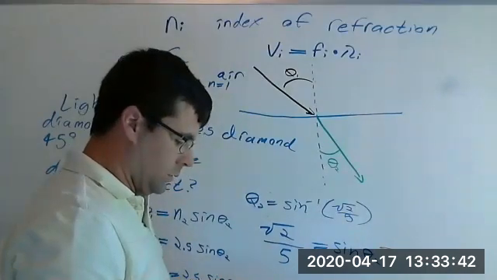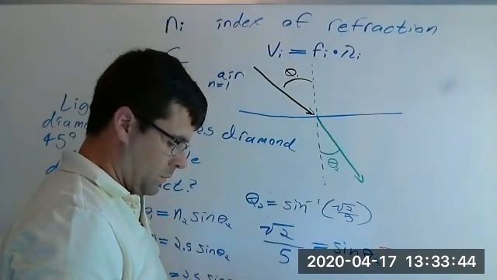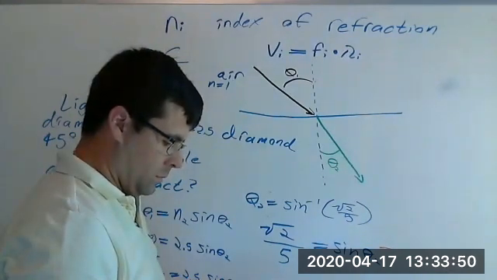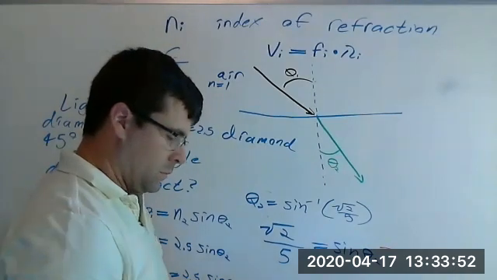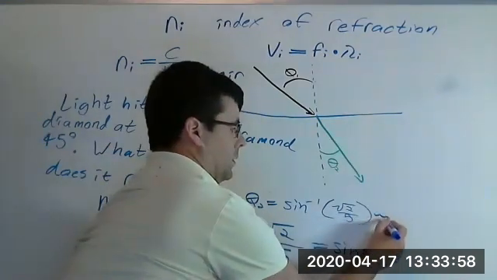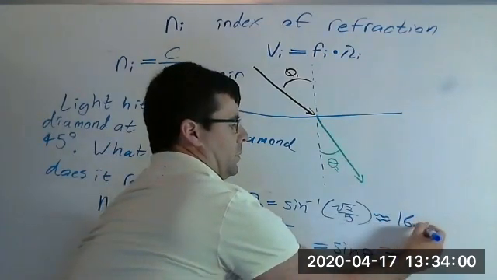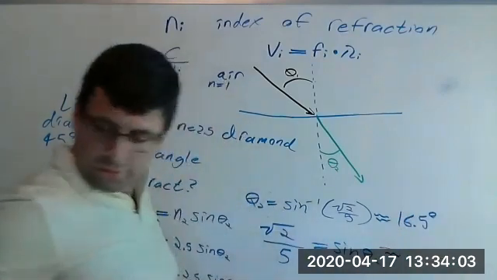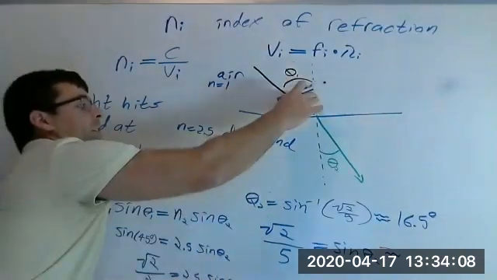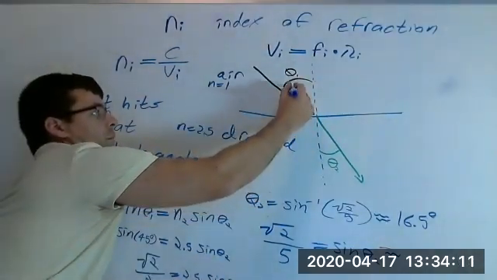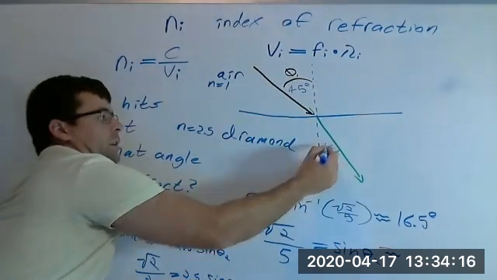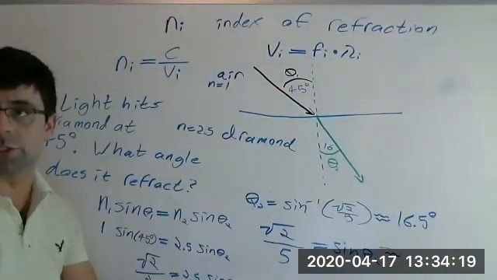Which equals 16.5 degrees. So if this comes in at a 45-degree angle, then this would be about 16 degrees.